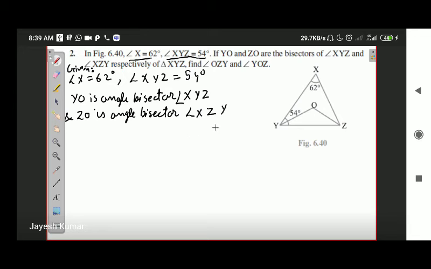So what does it mean? If this angle is x, this angle is also x. If this angle is y, this angle will also be equal to y. Okay. Now what we need to do is to find out the value of angle OZY.